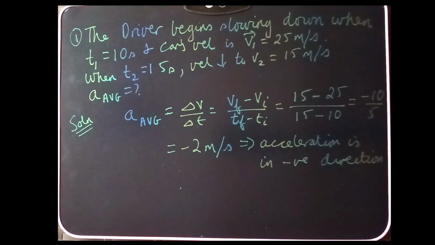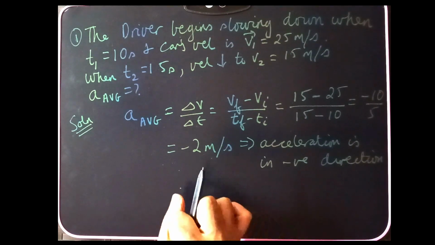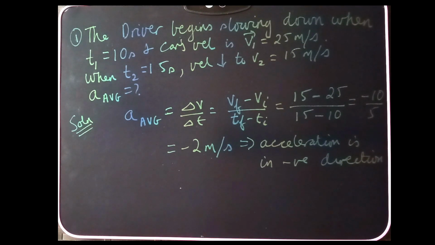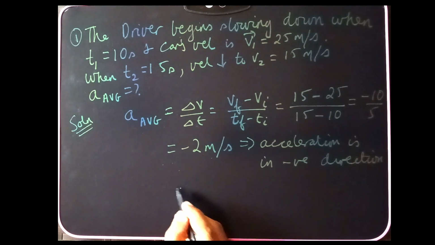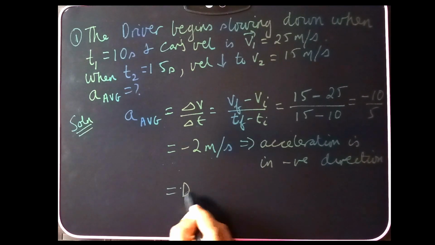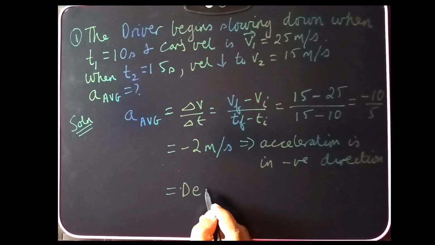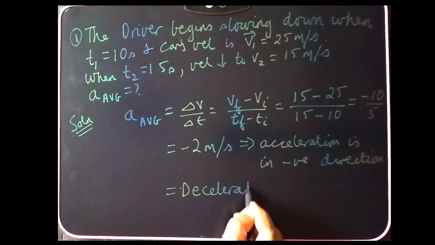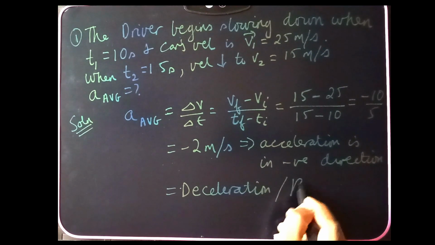So here the acceleration is opposite to the velocity. Even though it is negative, what matters is that it is against the direction of velocity. Because acceleration is against the direction of velocity, the object will slow down, and this is called deceleration or retardation.